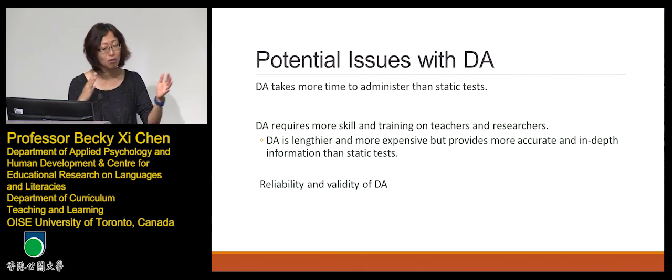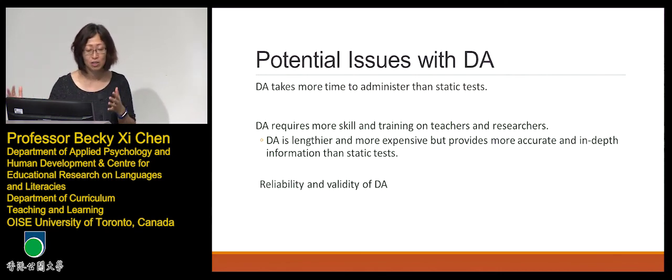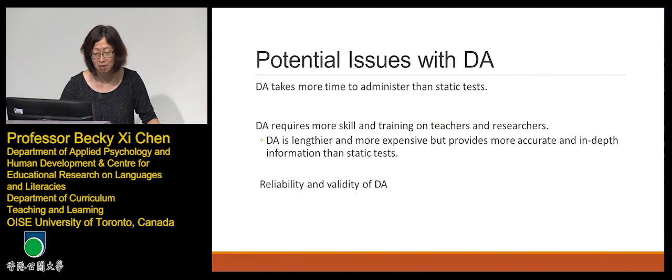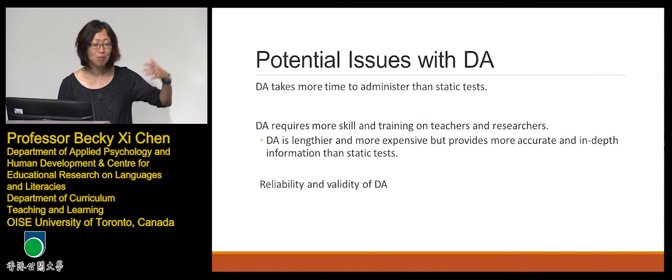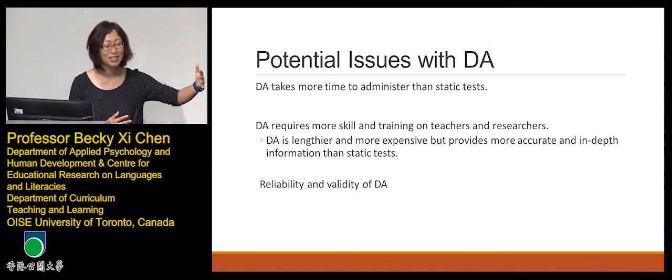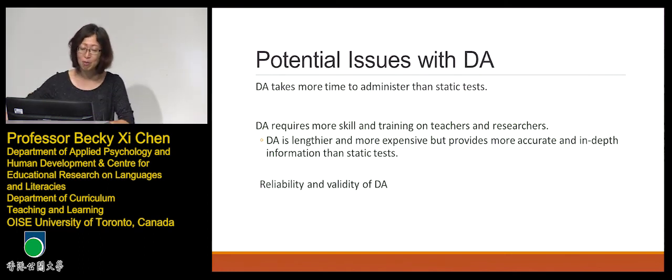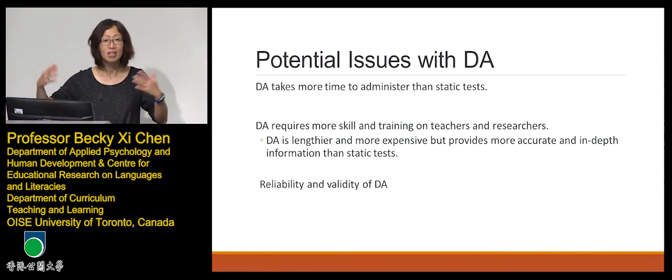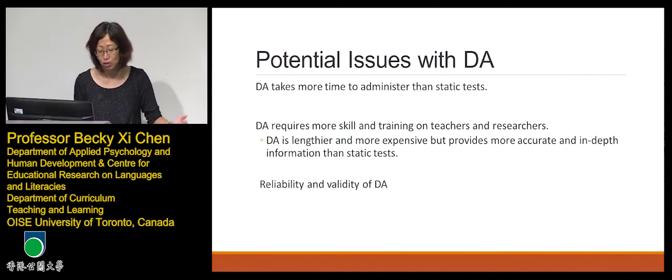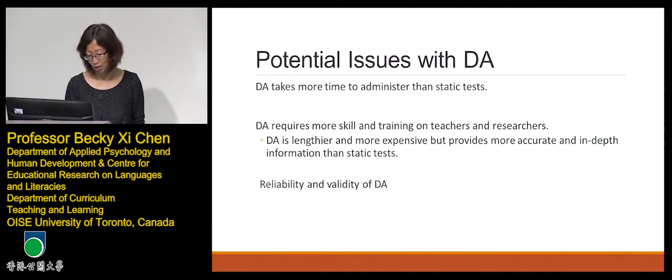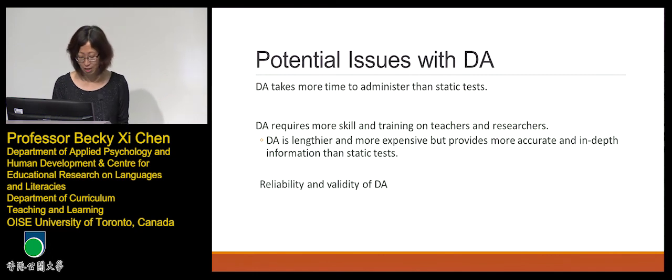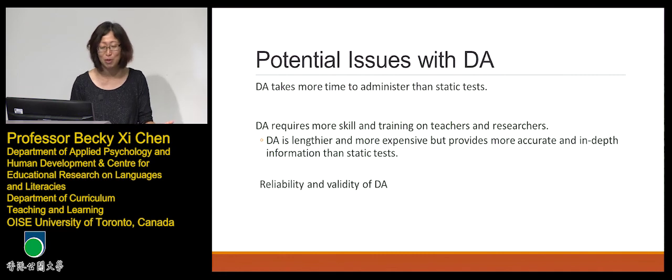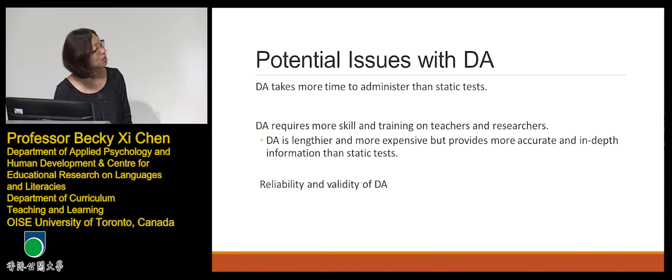Also, when you have several experimenters or teachers giving the same dynamic measure, there will be more individual differences, right? Some people may spend more time on prompt 1 or 2. Some may spend more time on prompt 3 and 4. Some people may be more patient than others. So that creates more individual variation. So just to say that dynamic assessment is useful, but it's not perfect. It also has problems.